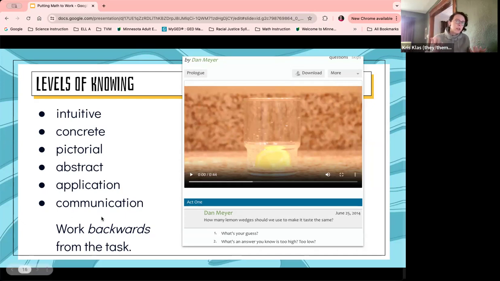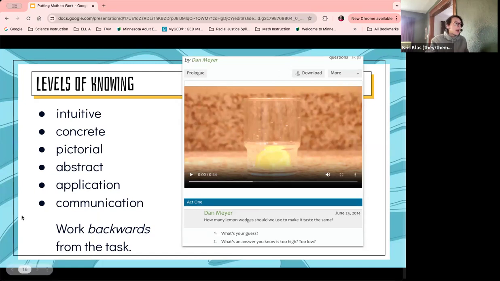The pictorial level is really about drawing out or using pictures to do the math task and demonstrate their thinking. Again, you could use this lemonade task or the box of 10 donuts and have students show you how they're going to group the price of the items with the number of items.